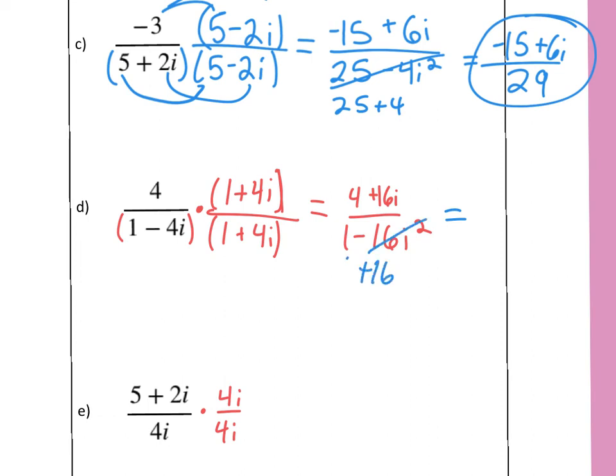So 1 plus 16 is 17. And then the top stays the same, right? Can this simplify? Not this time. 4, 16, and 17. Do those have anything in common that I could pull out? No. So that's it.